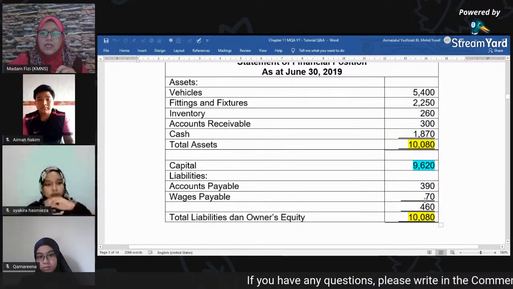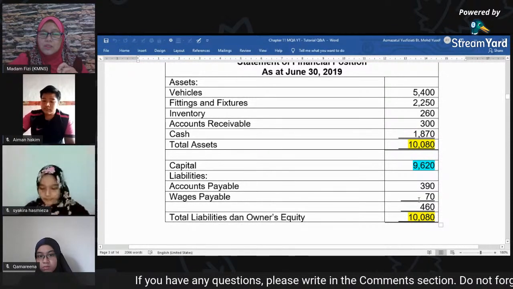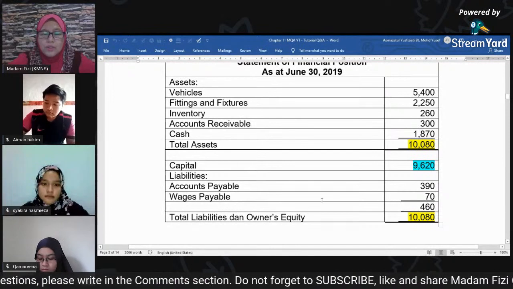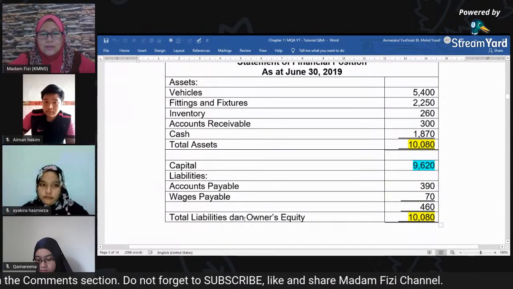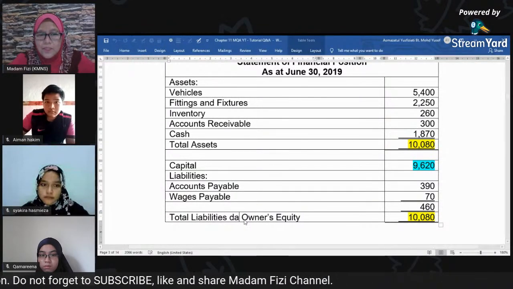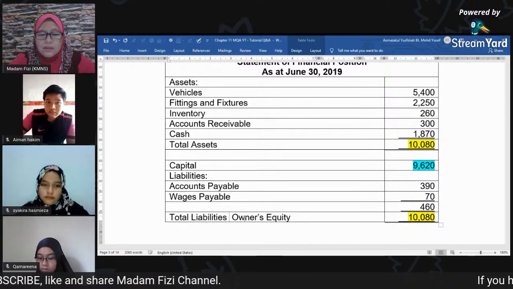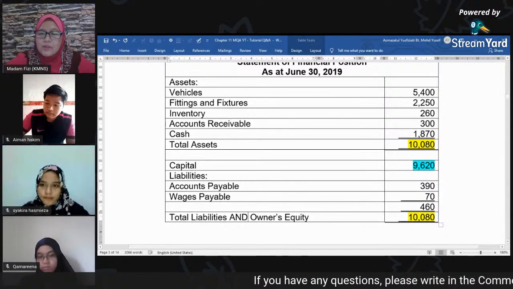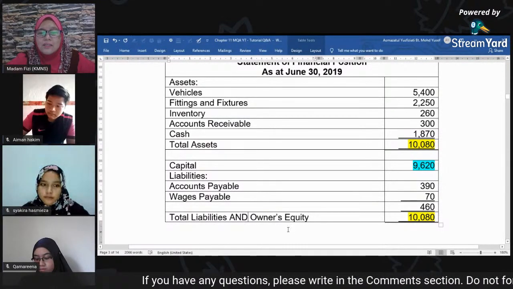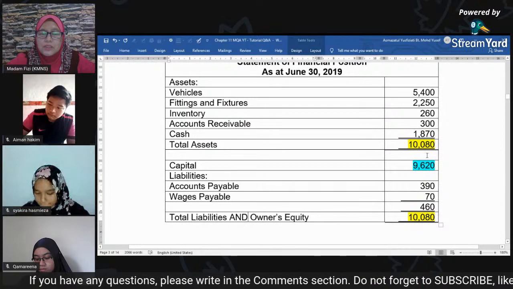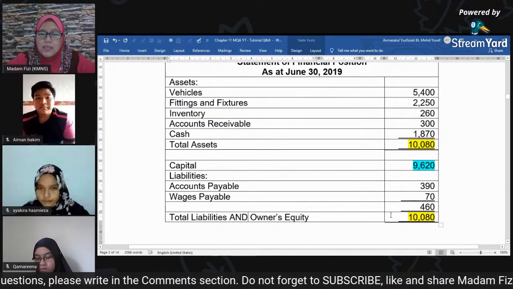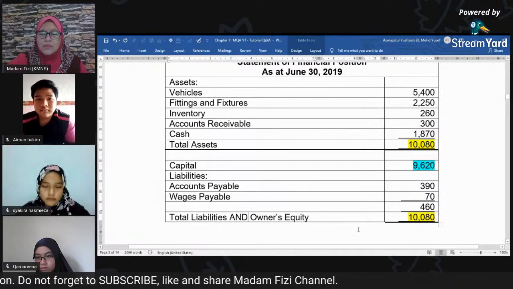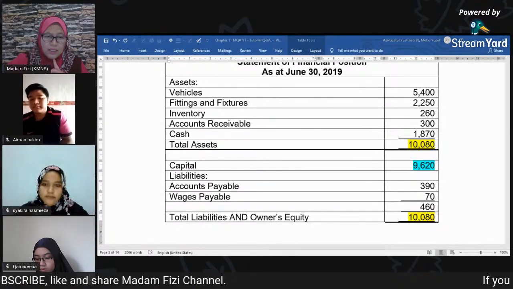So the total liabilities is 460. And total liabilities and owner equity is 10,080. So asset is equal with total liabilities and owner equity. Okay, so that is for question number 1.